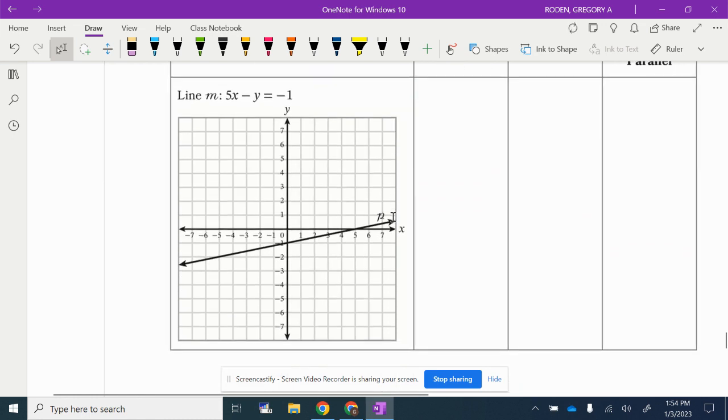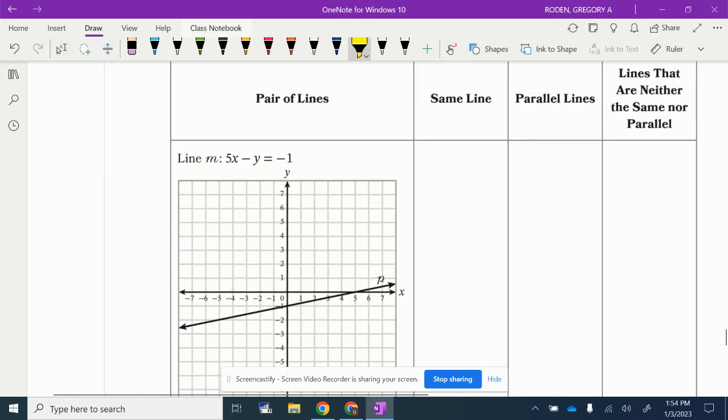All right, so same deal here. Let's put this one in slope-intercept form. So it's 5x minus y equals negative 1. Let's subtract 5x from both sides. So we get negative y equals negative 5x minus 1. Now let's put a 1 next to that y, so that's a negative 1.